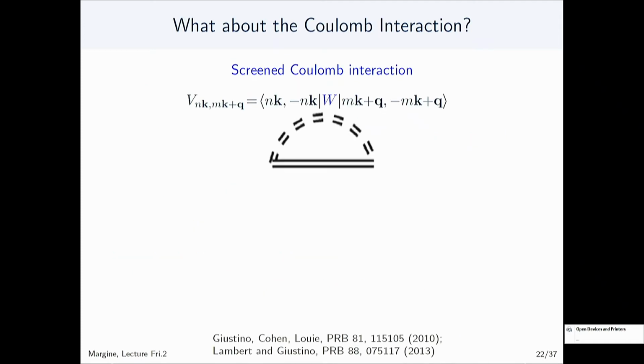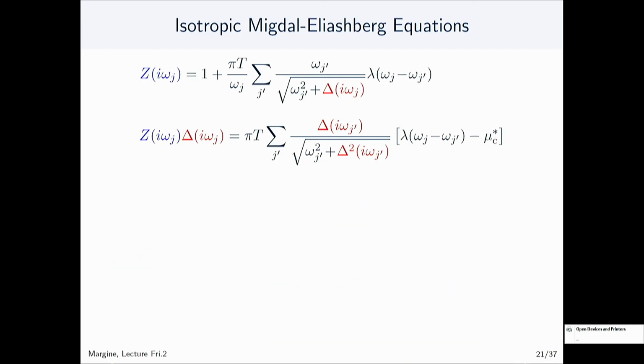So I think I'm almost approaching the end of this part of the talk about the theory. Just to say a few things about the Coulomb interaction. As I showed in this expression, we have replaced the Coulomb interaction by this parameter, mu star.